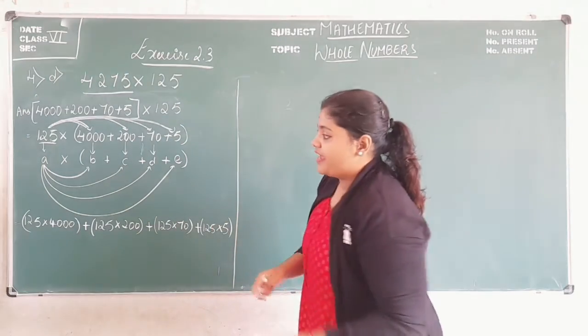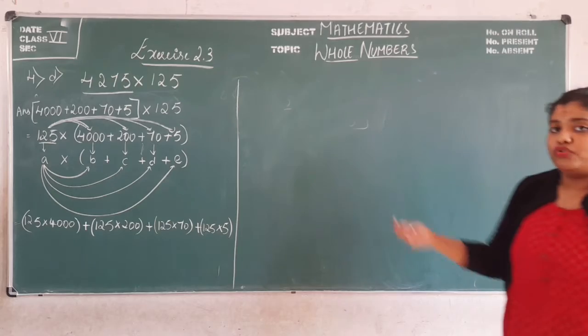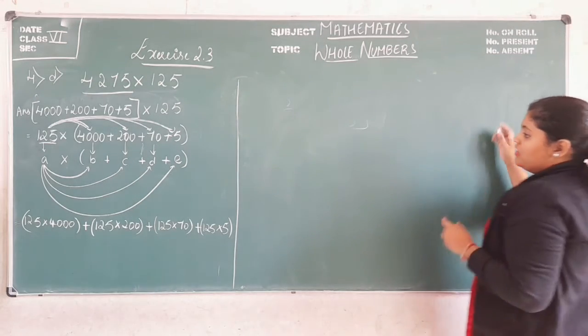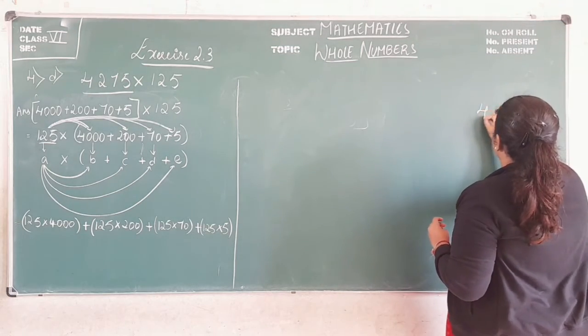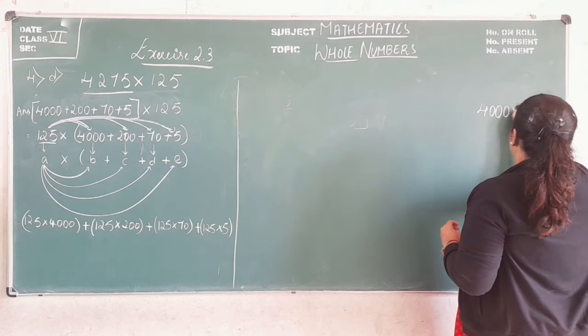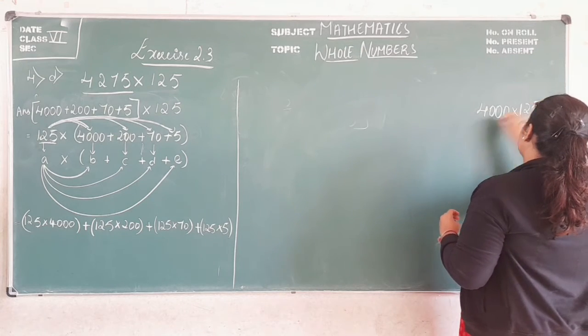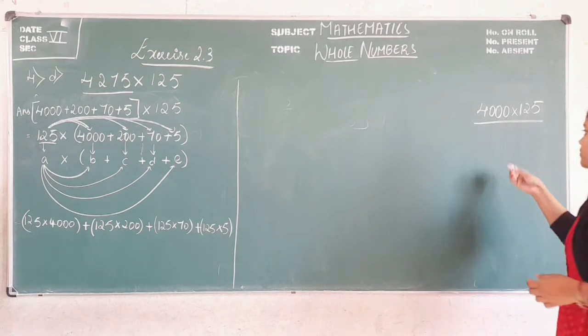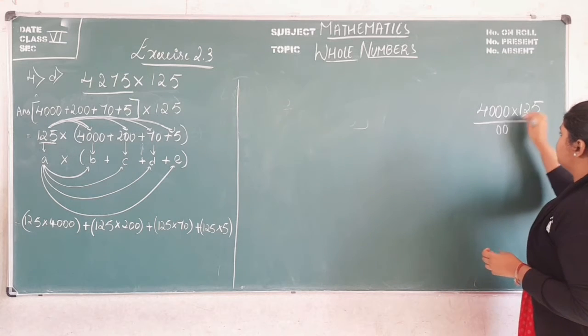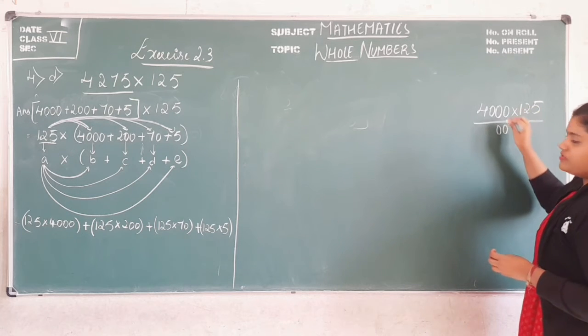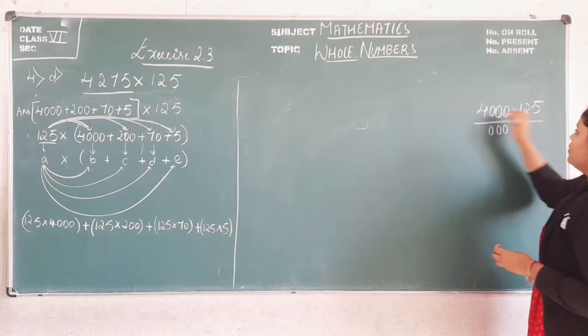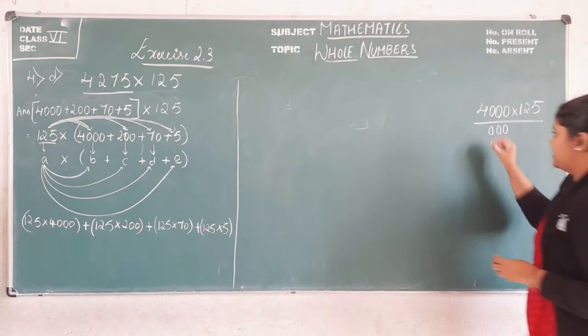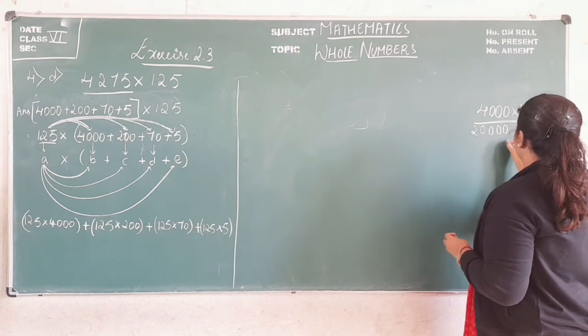In the first bracket we are having 125 into 4000, so we should multiply that. So 4000 into 125. 5 zeros are 0, so I will be placing 3 zeros. 5 zeros are 0, 5 zeros are 0, again 5 zeros are 0. What is 5 fours? Yes, 20.